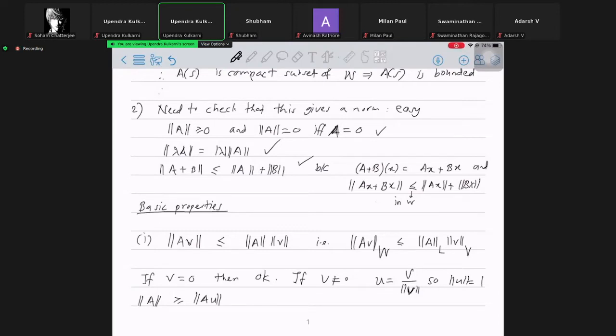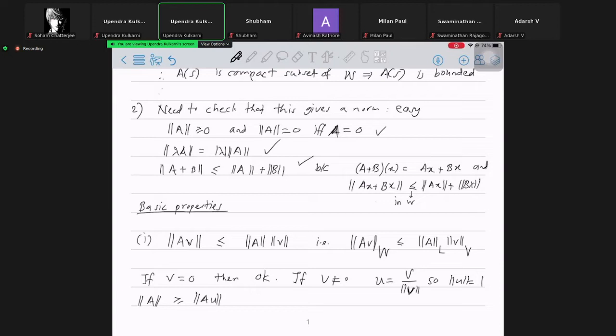If I apply A to vectors of large length, I am going to get vectors of large length. The point though is that the scaling factor is going to have a supremum. And that's exactly what this operator norm is capturing.